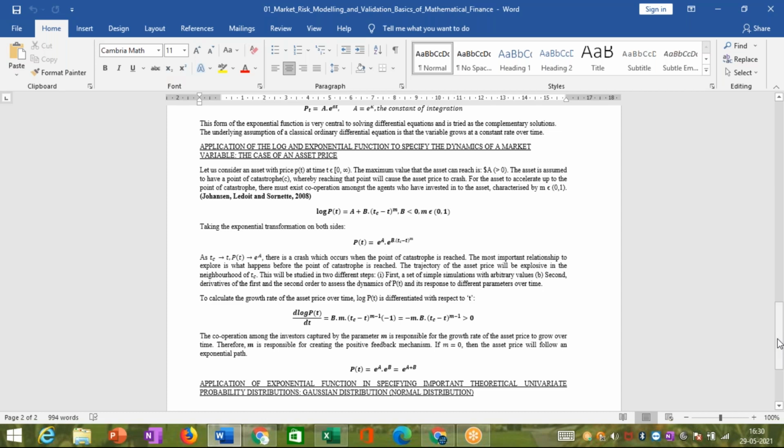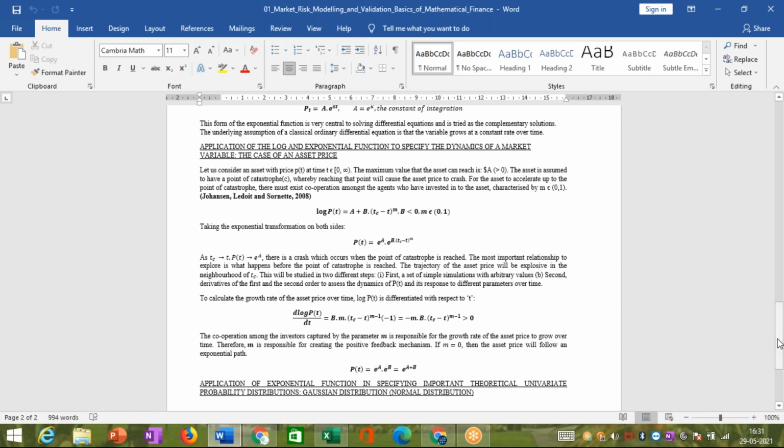Two of the broad functions we had talked about were the exponential function and the logarithmic function. We used them to see how we can model explosive time series processes, how we can model explosive or mildly explosive asset price dynamics. So that is one that we had studied.